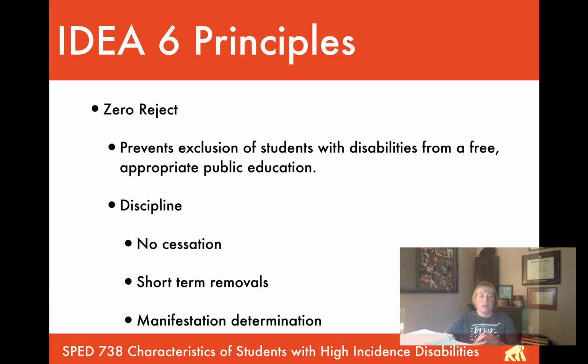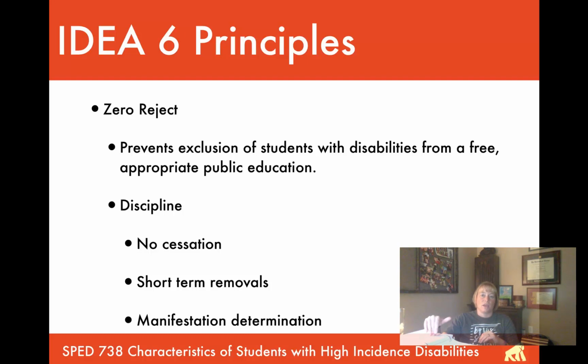That's where we look at that manifestation determination. So we have to determine for our students with disabilities whether their behavior was caused by the disability or had a direct or substantial relationship to the disability. The other piece of this is, when we're evaluating what occurred that requires suspension, was the student's conduct a result of the direct failure of the school to implement the student's IEP?